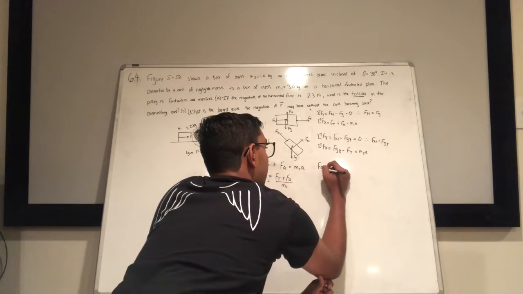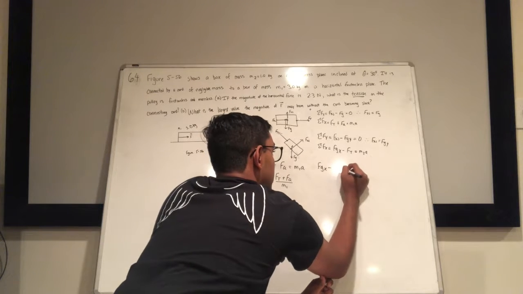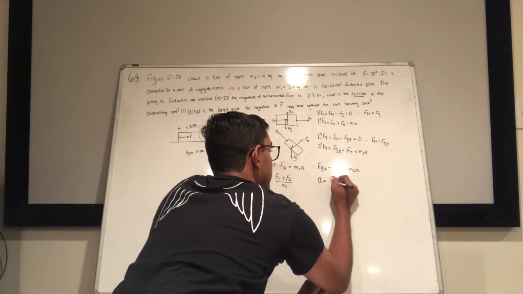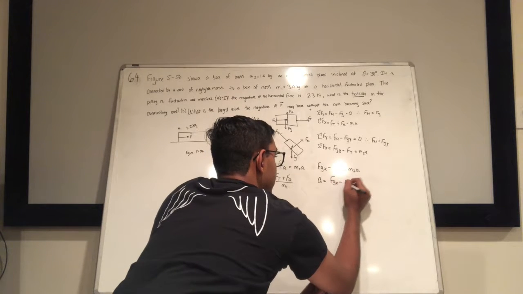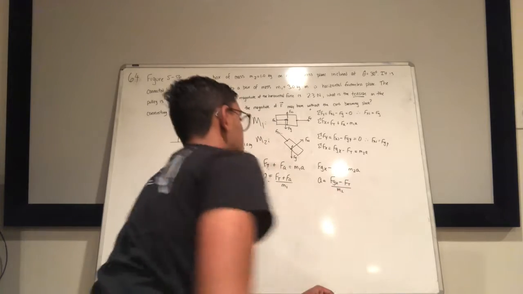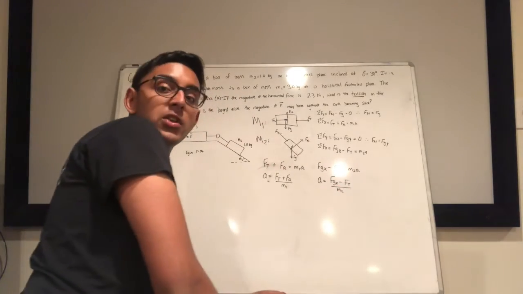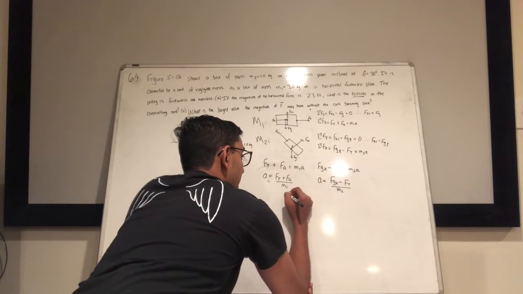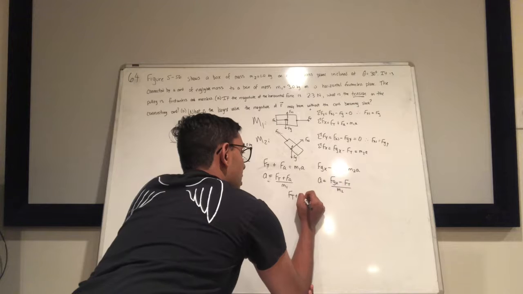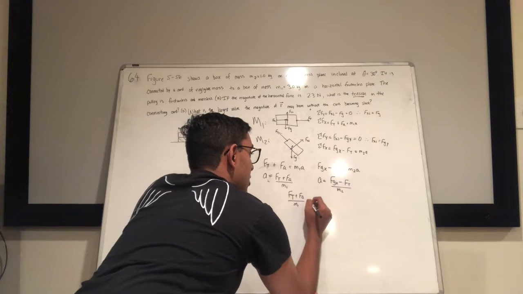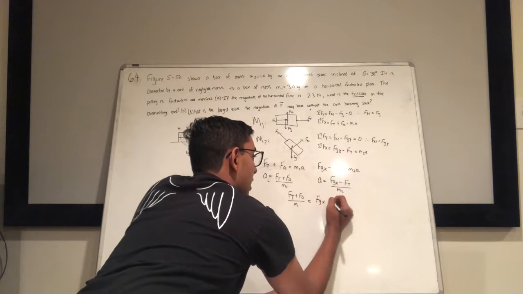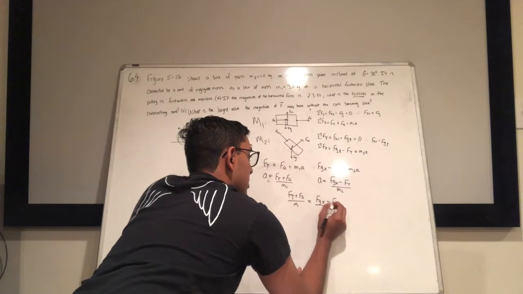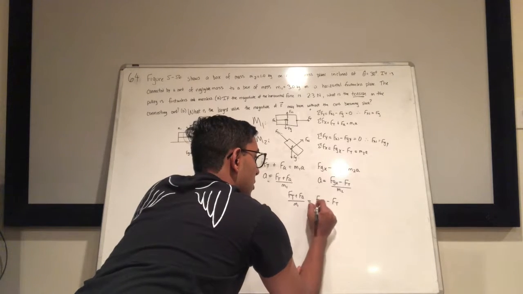Fgx minus Ft is equal to M2A, so acceleration is Fgx minus Ft divided by M2. Now, since they have the same acceleration, we can set the two equations equal to each other and solve for Ft. So Ft plus Fa over M1 is equal to Fgx minus Ft all over M2.